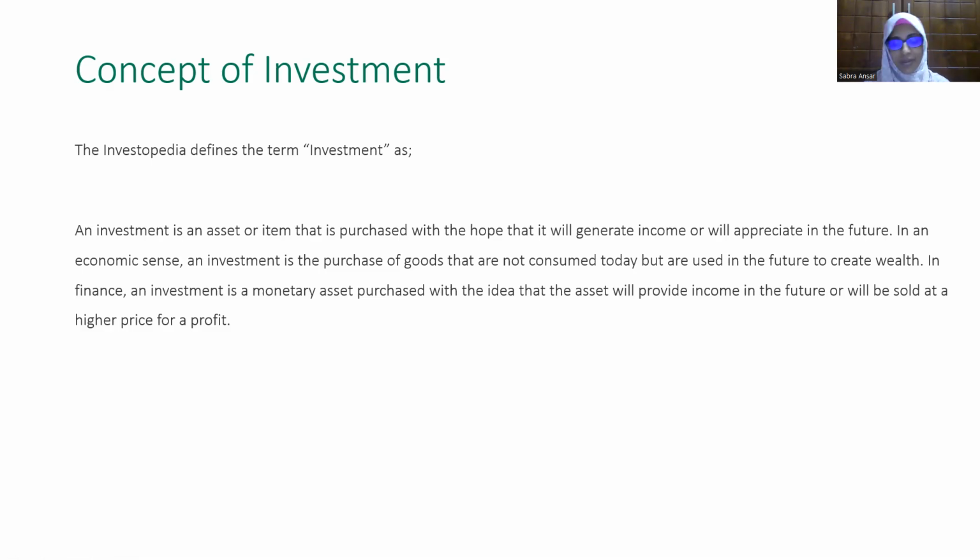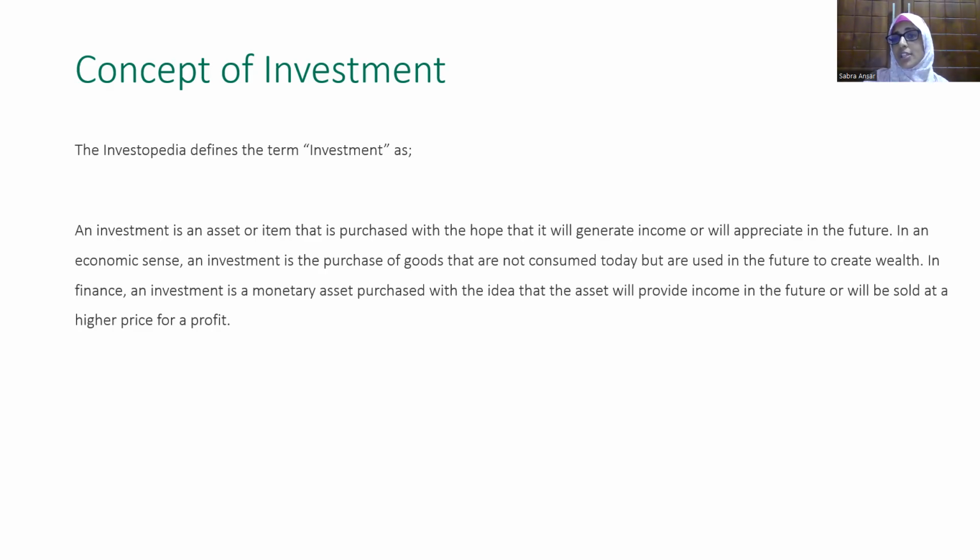But when it comes to a company, it would be all the machinery that they invest in. When they buy a machine, what do they think? While buying this particular machinery, we will generate some kind of income.